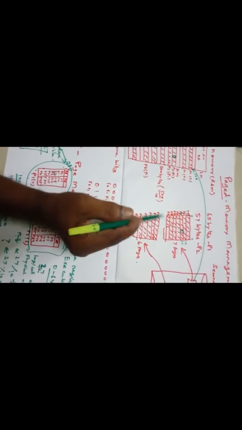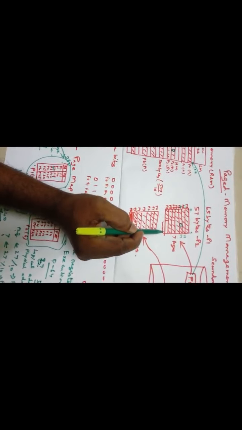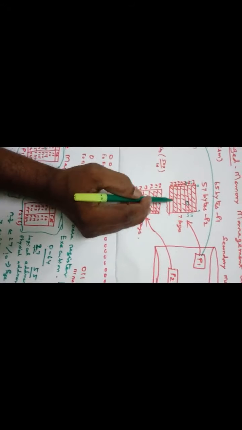So let us understand internal fragmentation. Internal fragmentation means unused memory in a partition. Here program 1 occupies 7 pages, and page 6 is the last page. Here the first 5 bytes are occupied, the remaining 5 bytes are free, but they are allocated for P1. Page 6 is loaded in frame 25.